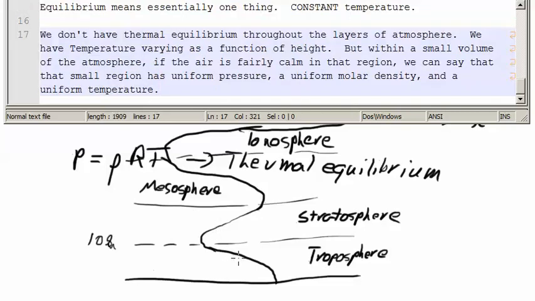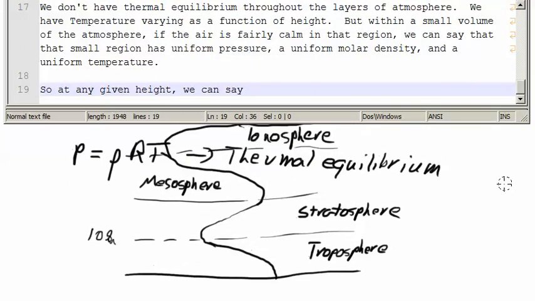But within a small region of the atmosphere, we can say that the small region, particularly as a function of height, has a uniform pressure, a uniform molar density, and a uniform temperature.